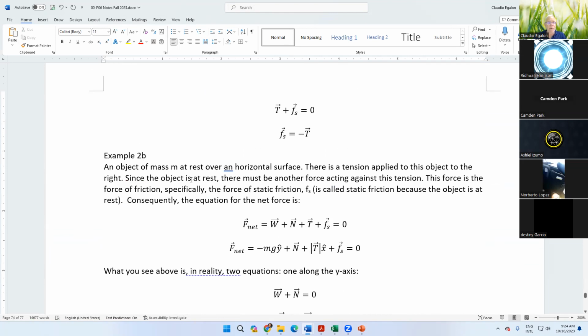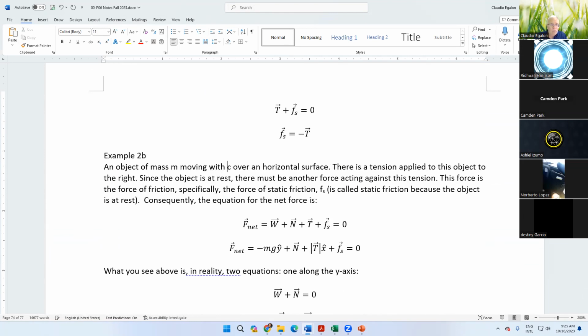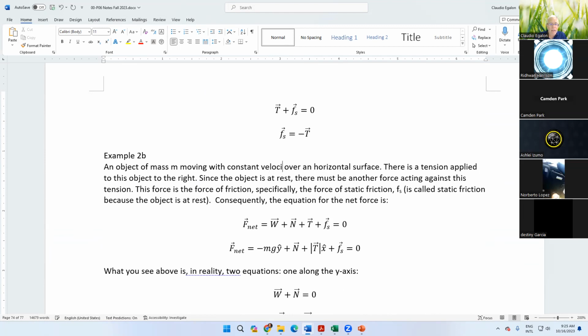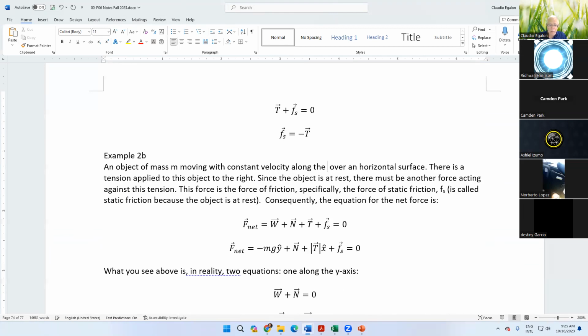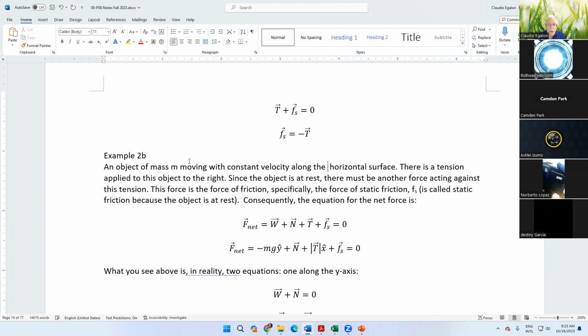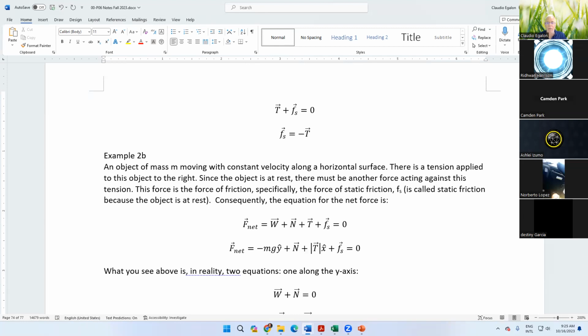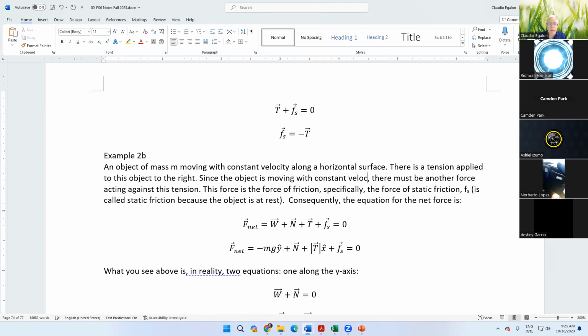An object of mass m moving with constant velocity along a horizontal surface. There is a tension applied to this object to the right. Since the object is moving with constant velocity, there must be another force acting against the tension.